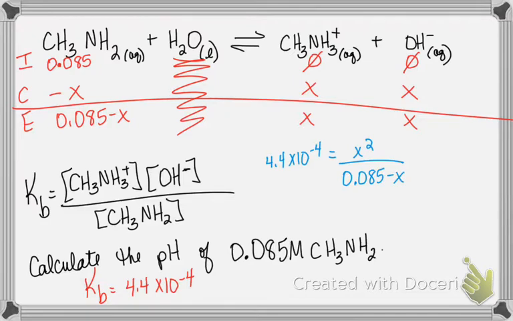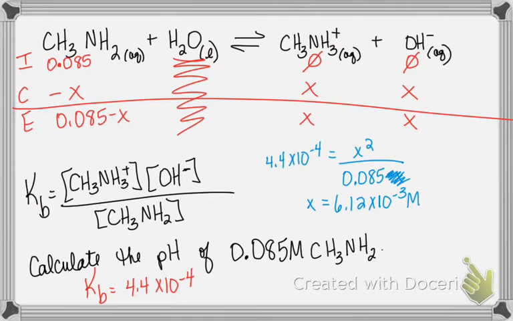That's looking familiar, isn't it? We're going to pretend this is small, and we're going to solve for X. Cross multiply, take the square root. Pause the video and solve for X. You should get 6.12 times 10 to the minus 3 molar for X.